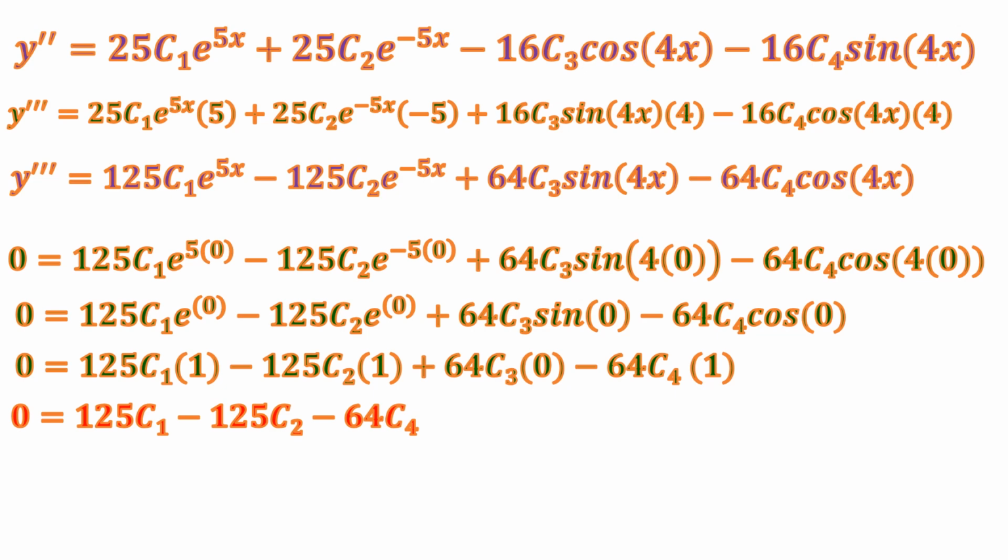Then any number multiplied by 1 is just itself. But for 64 c sub 3 times 0, it's gone because it's multiplied by 0. So this is another equation we have created.